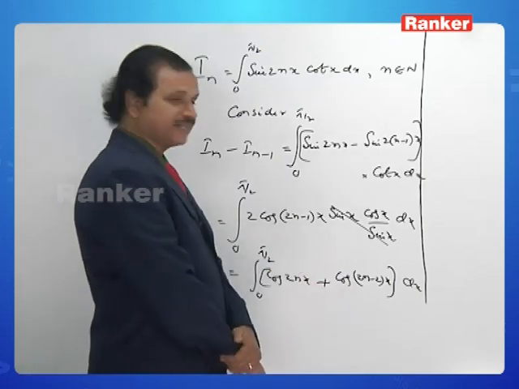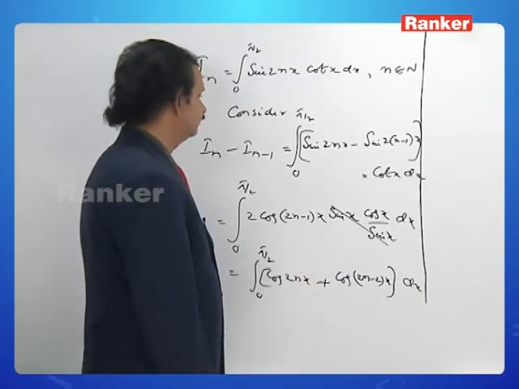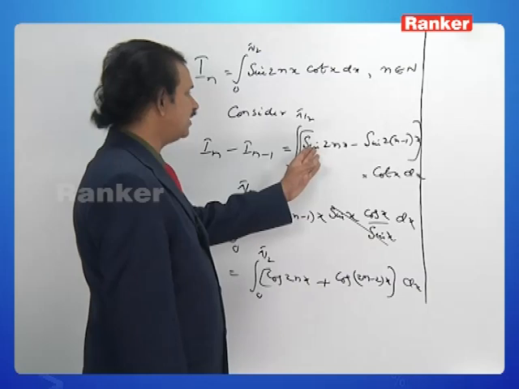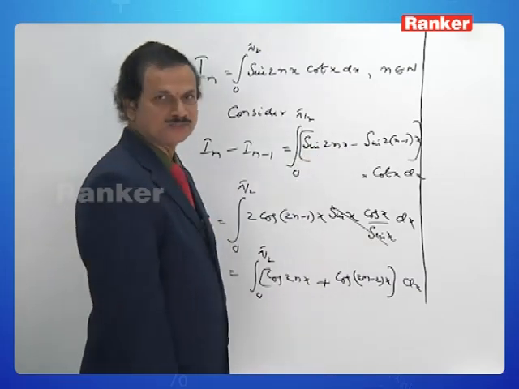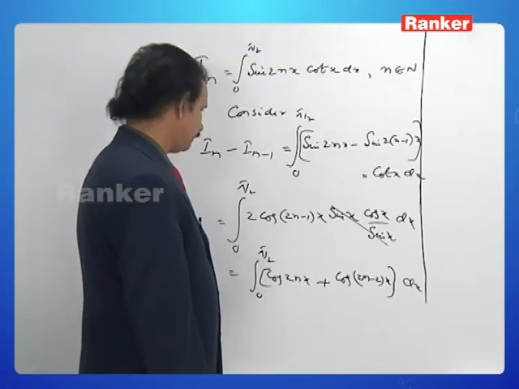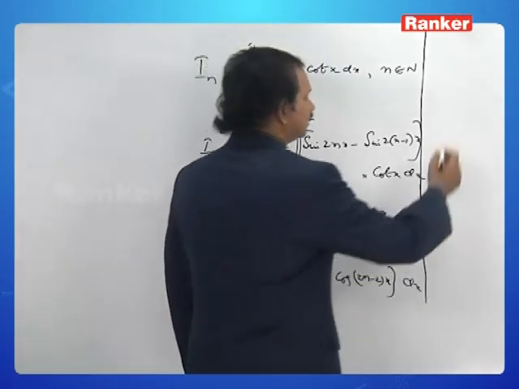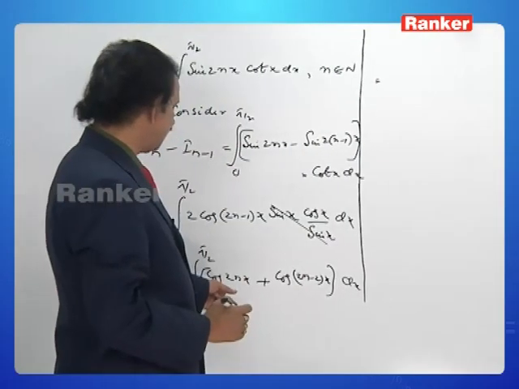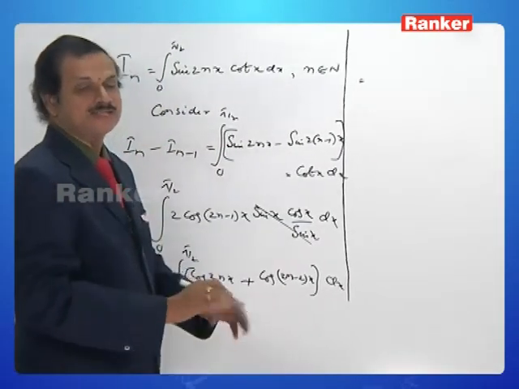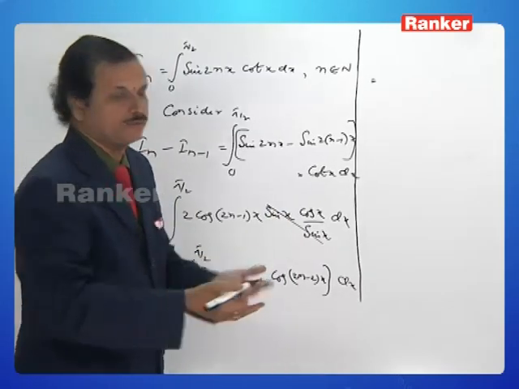You observe it once again. It is sin C minus sin D. Okay. Next one. This is equal to, what is the integral of cos 2nx?